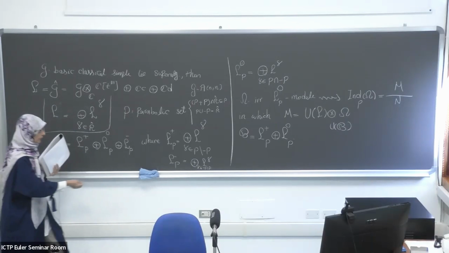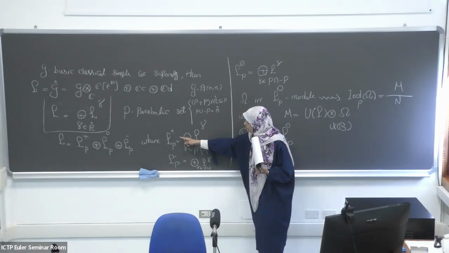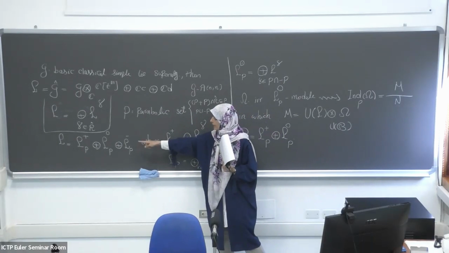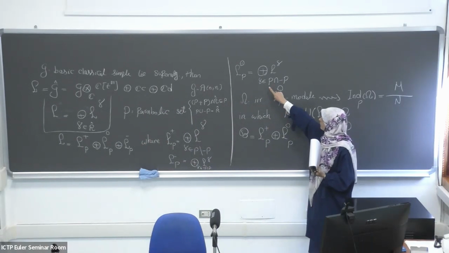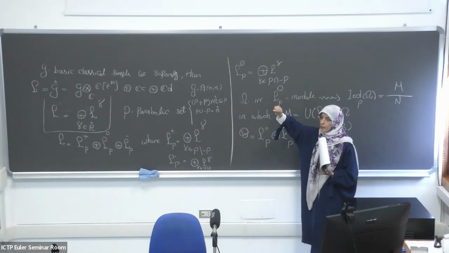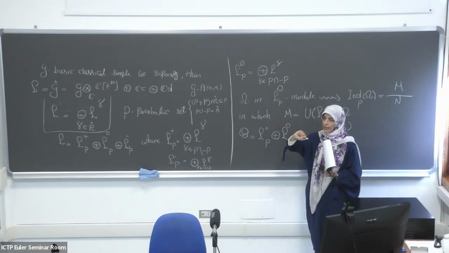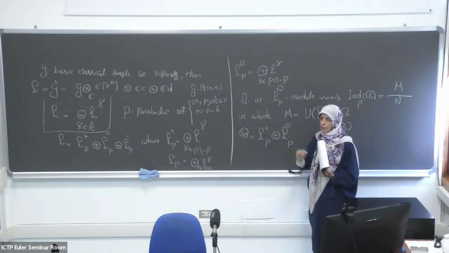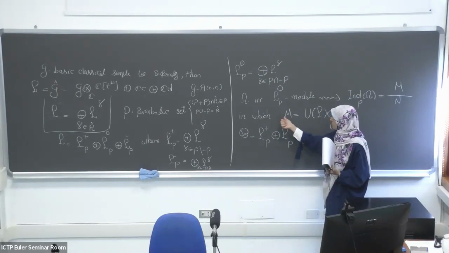Exactly because of this, we can decompose L into L plus, L naught, and L minus. And L naught becomes H in the parabolic partition case, because when we have a parabolic partition, P intersection minus P is just 0. But in general, we have this as well.